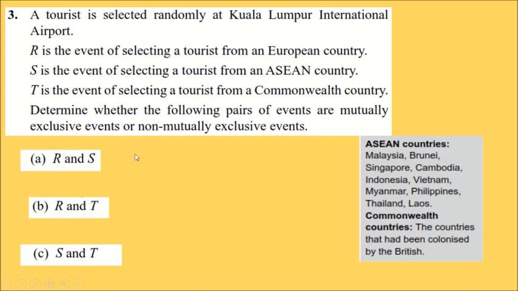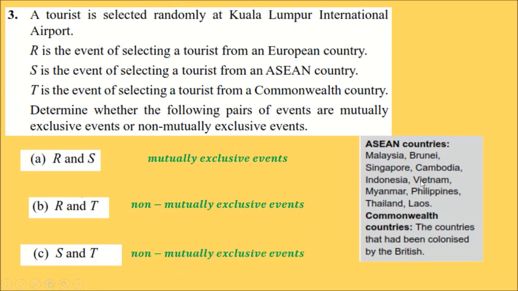R and S is a mutually exclusive event. Why? No Asian country is a European country. R and T: some European countries are Commonwealth countries. S and T are also non-mutually exclusive events. Why? Some Asian countries can be Commonwealth countries.